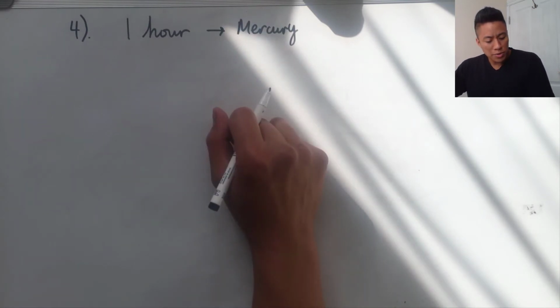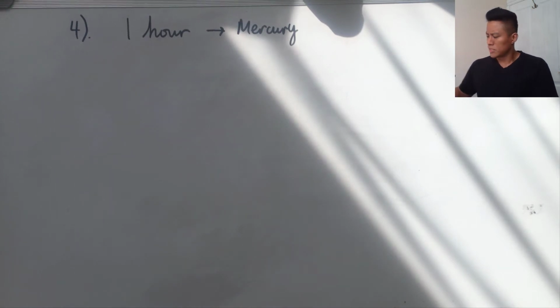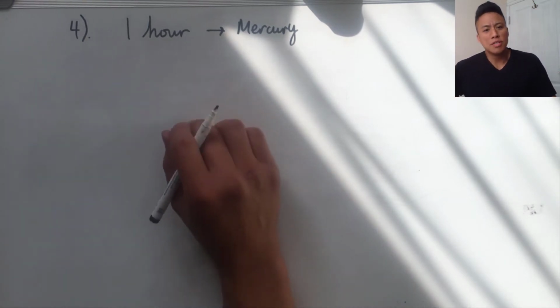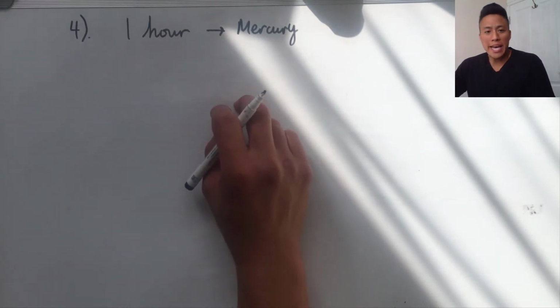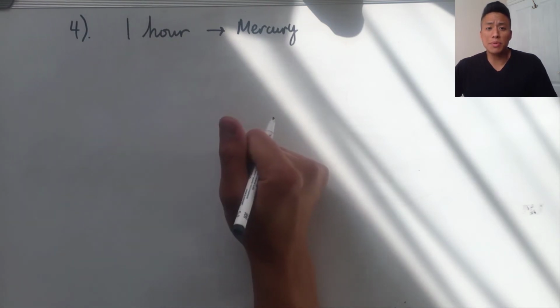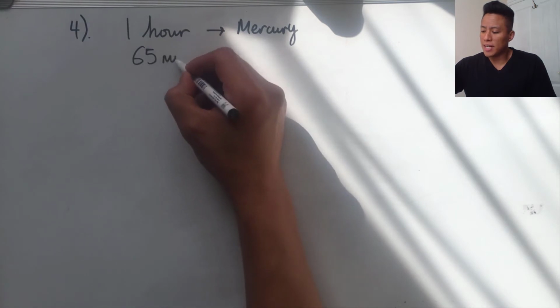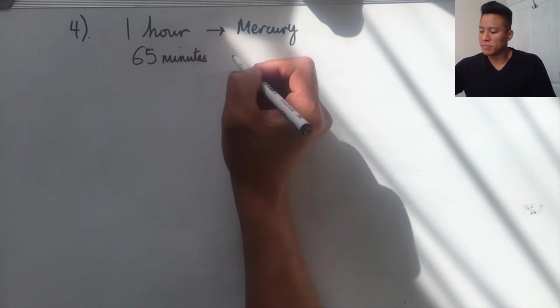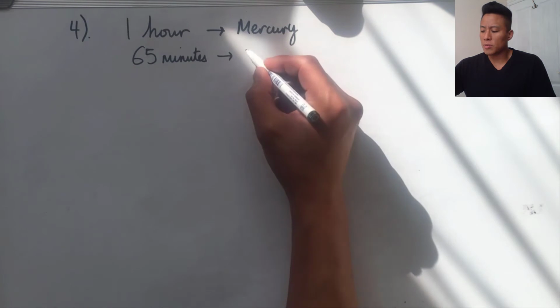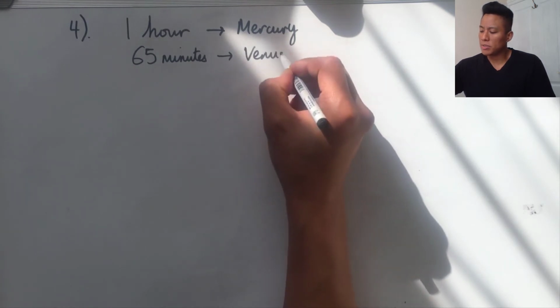And a trip to Venus takes 65 minutes. Is that correct? Is that what it says there? Yeah. So, a trip to Mercury takes 1 hour. And a trip to Venus takes 65 minutes. And we're going to say 65 minutes is a trip to Venus.